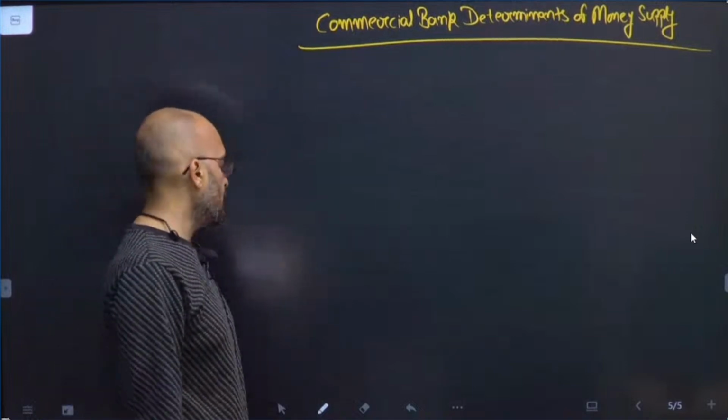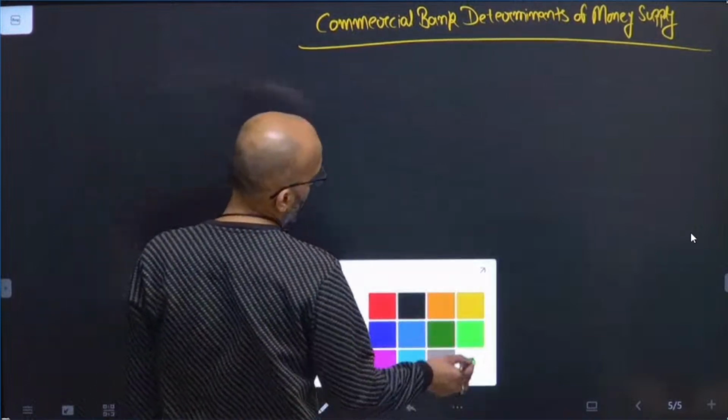So what is the commercial bank determinant?